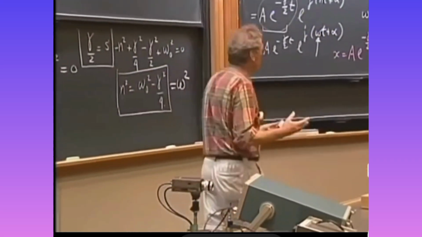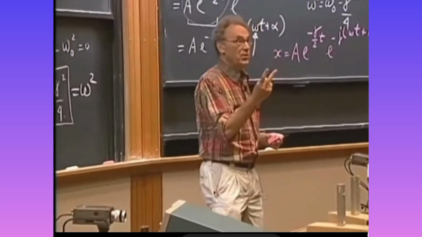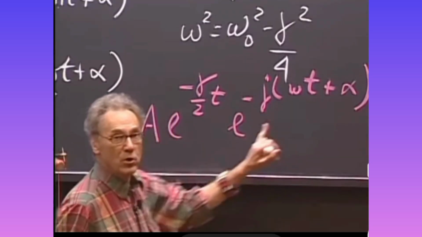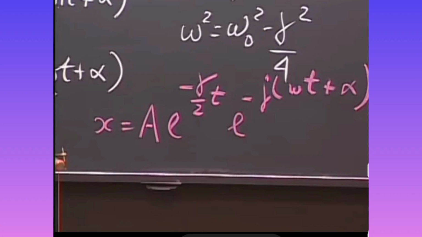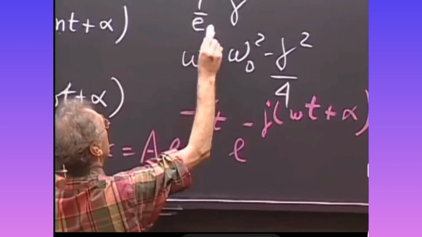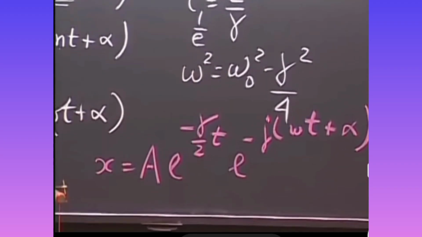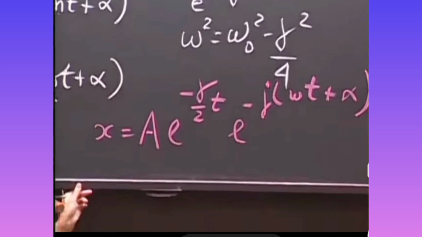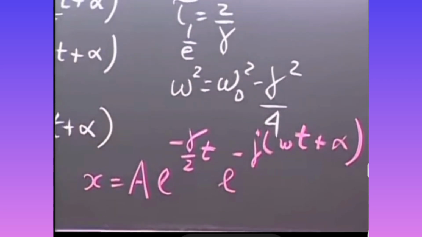And so it's clear that with those 2 choices, in your final solution you end up with 2 adjustable constants which depend on the initial condition. And so you see that this amplitude is going to die out with a 1 over e decay time of 2 over gamma seconds, and that the frequency is lower than the frequency of the undamped system.